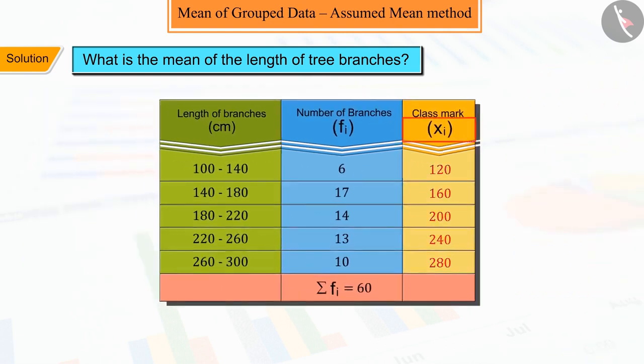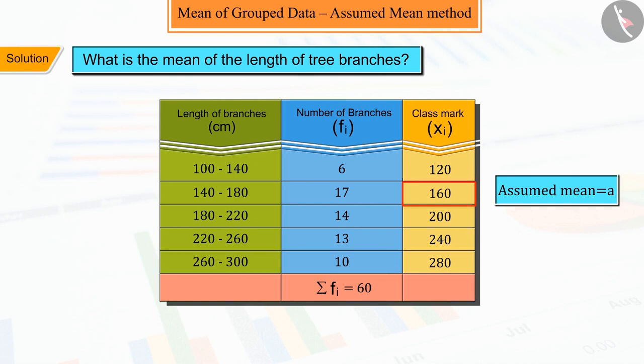So, from the xi obtained, any value of xi can be chosen as the assumed mean, which we represent by a. But to further simplify our calculation, we can take an assumed mean a from xi, which comes somewhere between x1, x2 and xn.